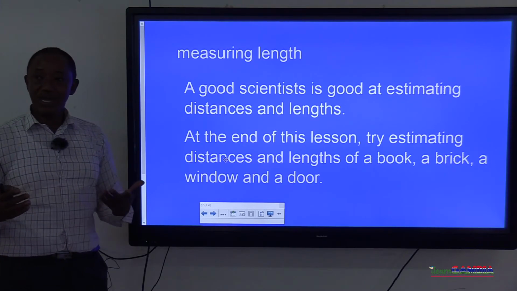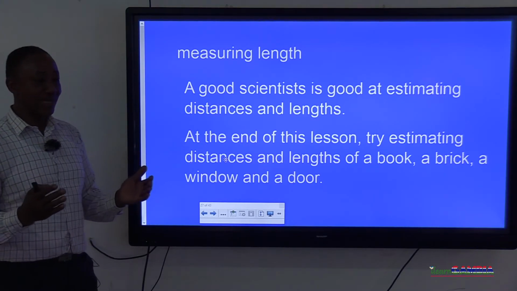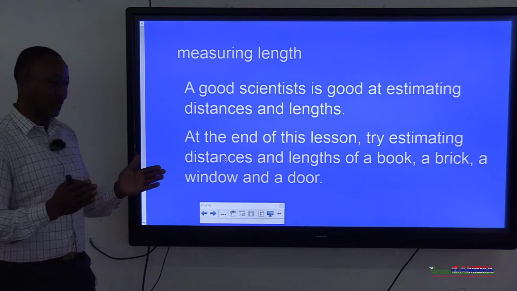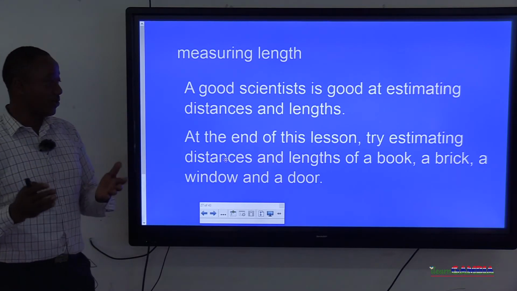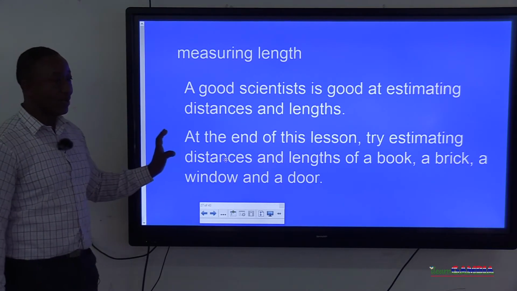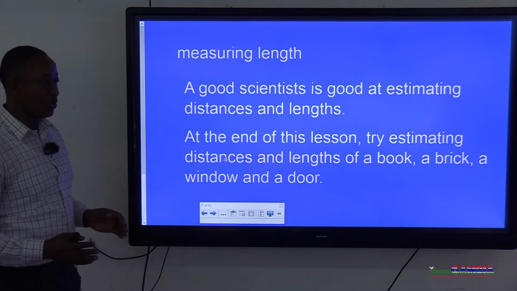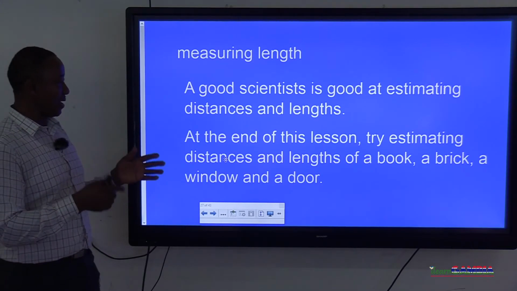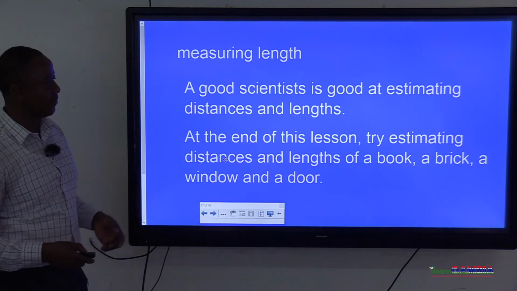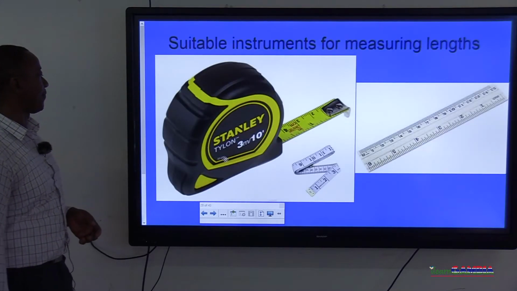It's interesting sometimes you ask somebody, can you show me 1 meter? And the amount of space they give you doesn't correlate with a meter. So a good scientist should be able to estimate something and be not accurate, but very close to the right figures.